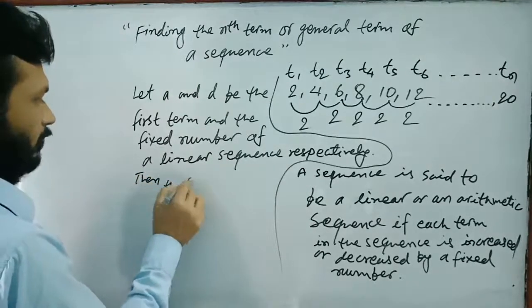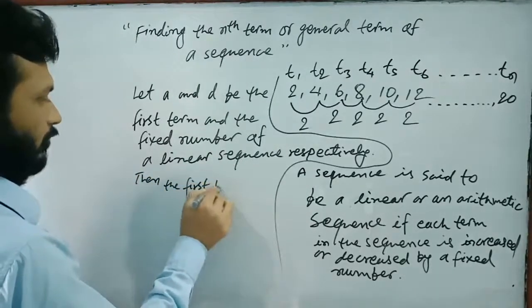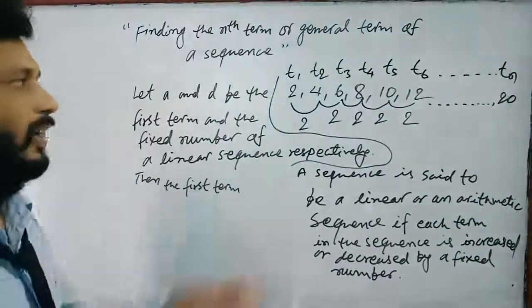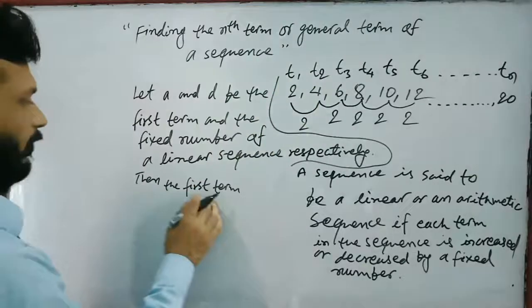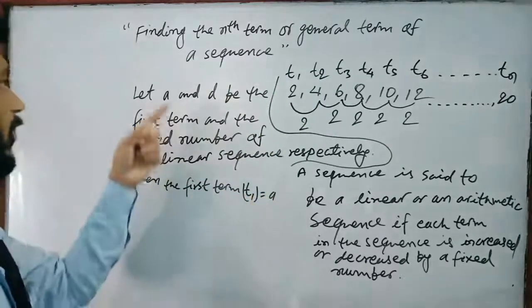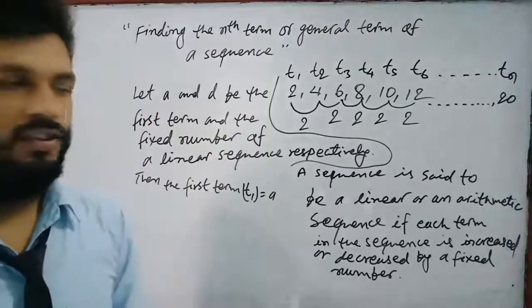Then the first term is denoted by T1. The first term T1 equals A, as given. Understood?